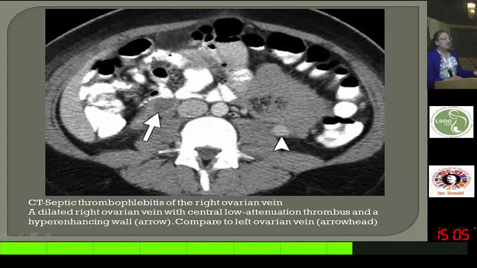Here we have one specific type of infection that's not directly related to the scar, but that is more frequent with C-section, like septic pelvic thrombophlebitis. You notice that this ovarian vein is enlarged with increased activation in the periphery compared to the other ovarian vein.